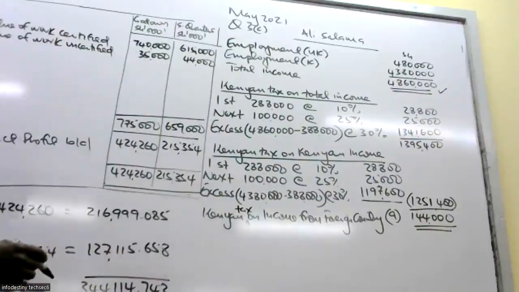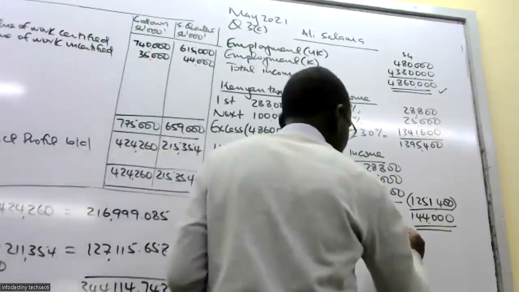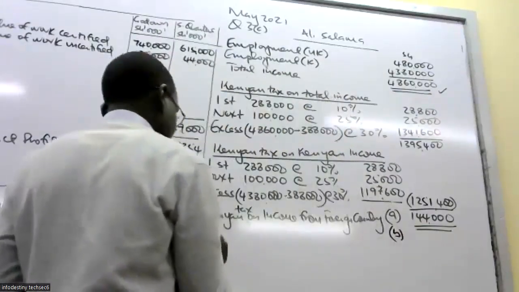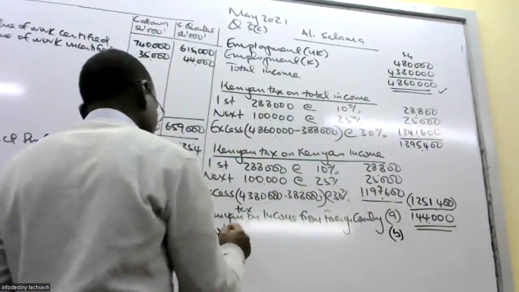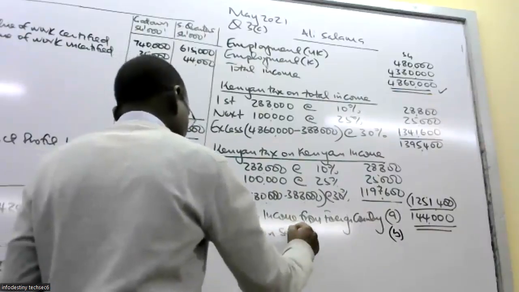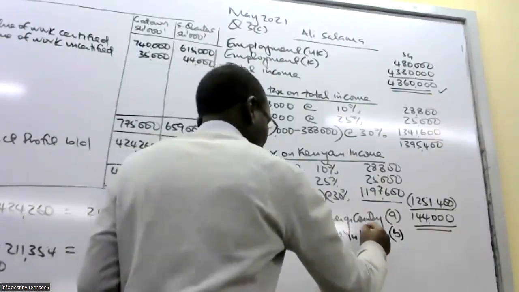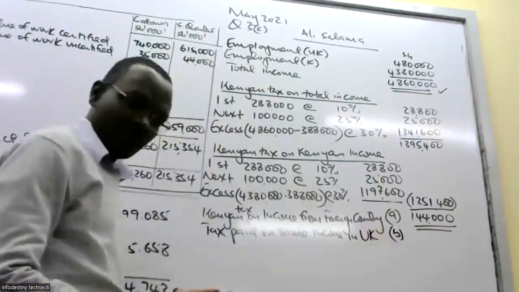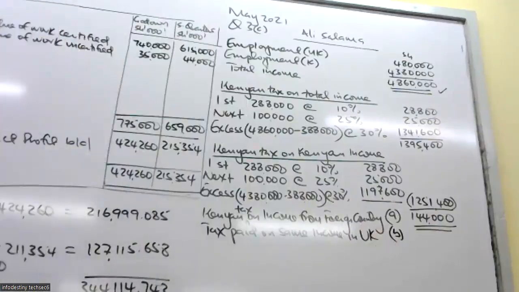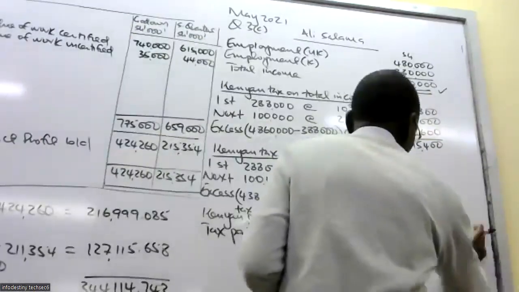But then you already have B. B is what was paid in the foreign country. So the tax paid in the UK was 80,000.